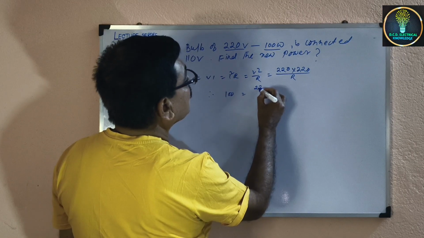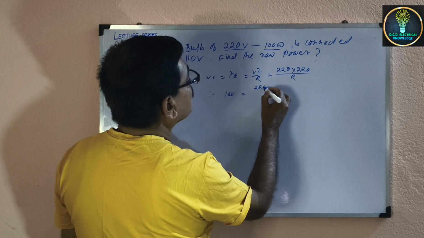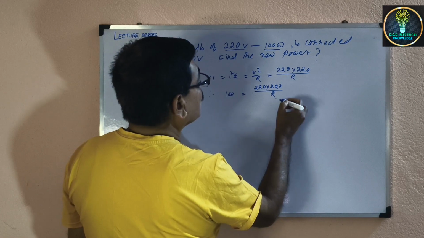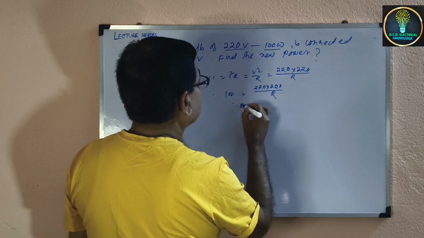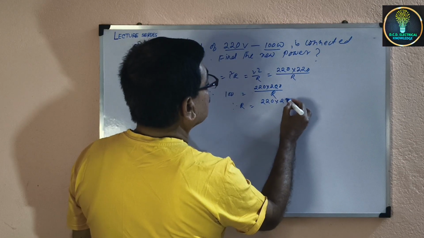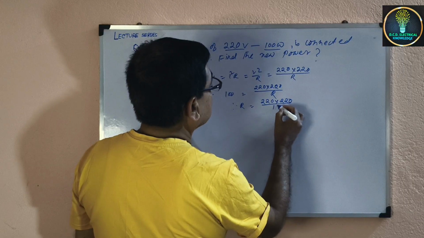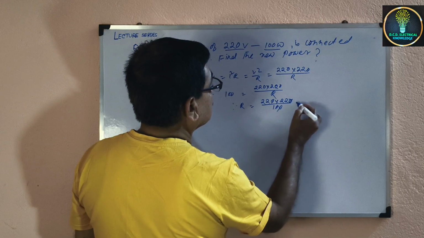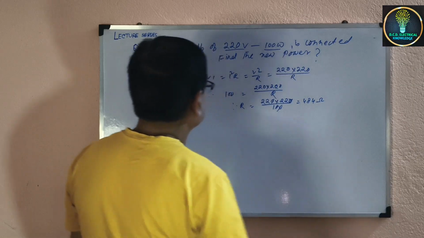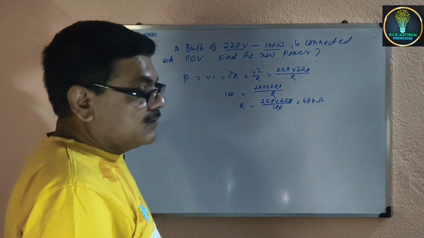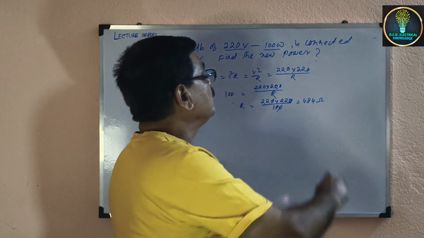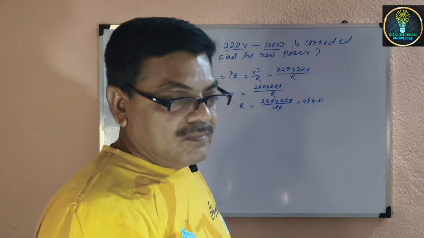So we can find R is equal to 220 square by 100, that is 484 ohm. Clear? So the resistance of the bulb is 484 ohm.